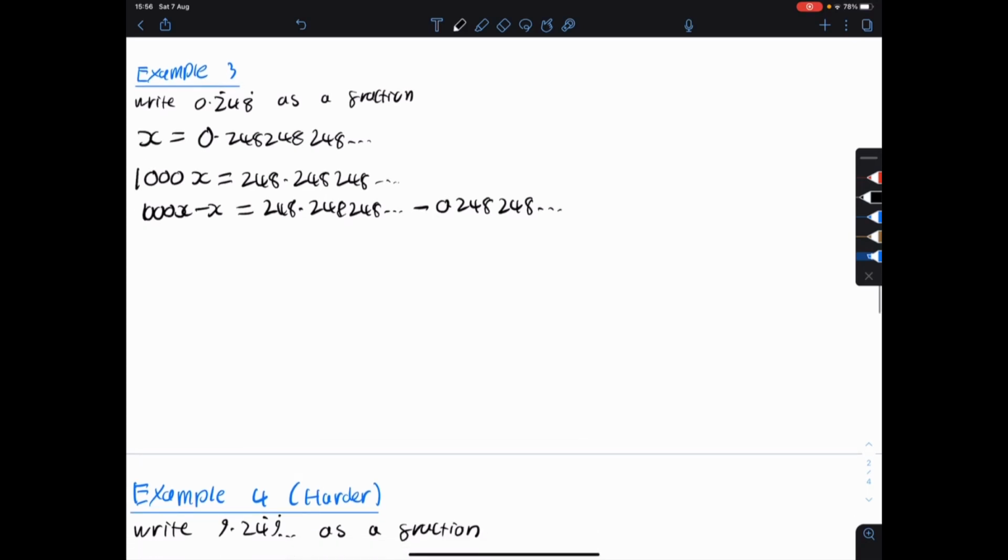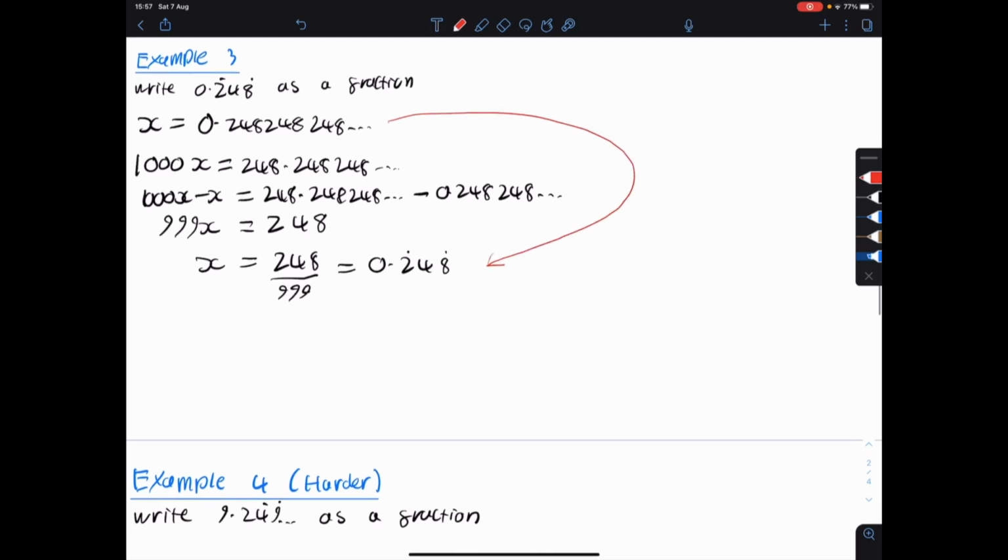Now, on the left hand side, 1000x take x is 999x, and on the right hand side, 248.248248, so on, minus 0.248248, so on, is just 248. Those decimals will cancel out. So all we need to do now is solve for x. Dividing both sides by 999, we get x equals 248 over 999, and this is equal to our 0.248 reoccurring from our question.